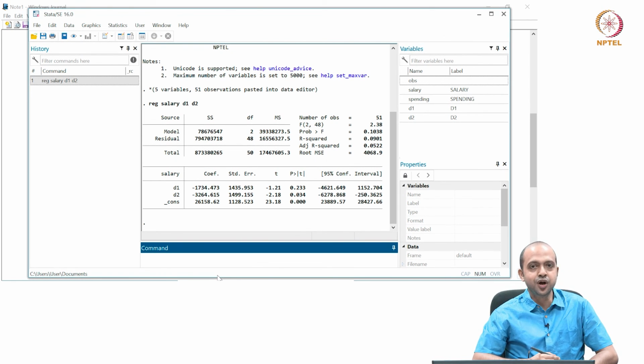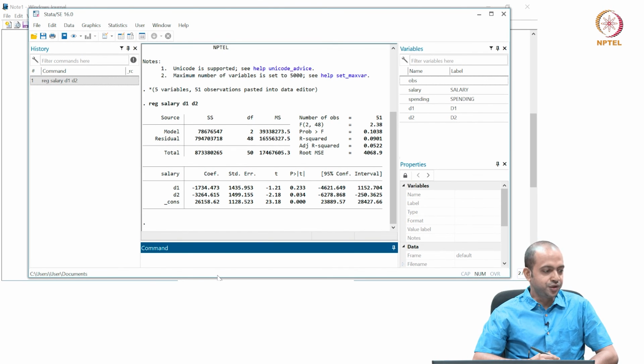So, D1 is not at all significant, since you are committing around 23 percent type 1 error while rejecting your null. D1 is not significant, and if it is not significant, what would be our conclusion? That there is no significant difference between the salary of primary school teachers from the Western region and Northeast or North Central.